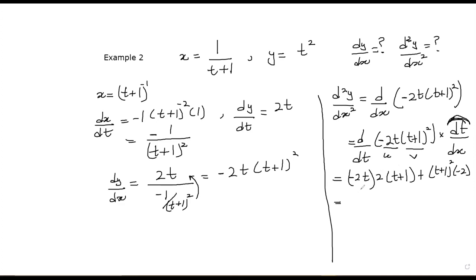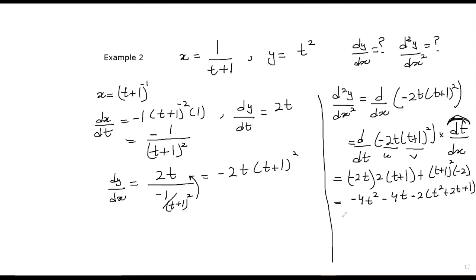So we will get the result minus 4t squared minus 4t, minus 2 into t squared plus 2t plus 1.